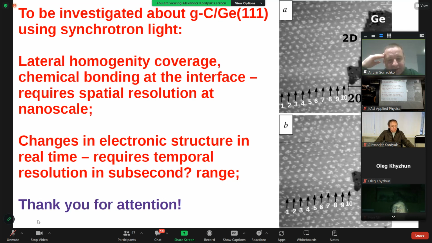And that means that the electronic structure and perhaps the crystalline structure as well at the interface is changing in real time. So observing this would also require temporal resolution in the seconds or sub-seconds range. And so I think by this I will conclude my talk, and thank you for your attention, and I will be happy to answer any of your questions.